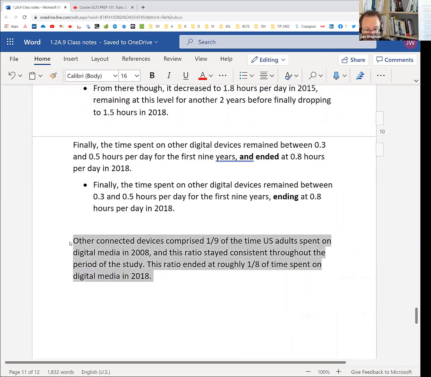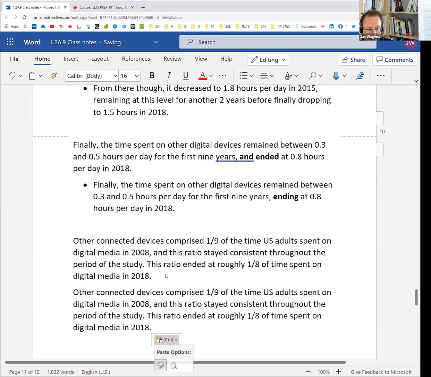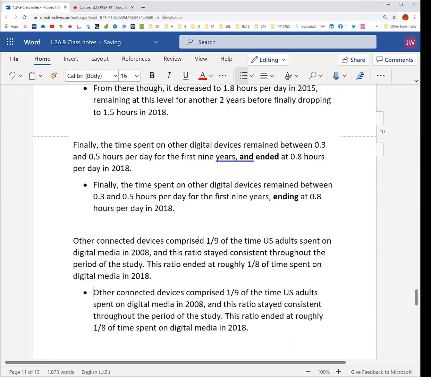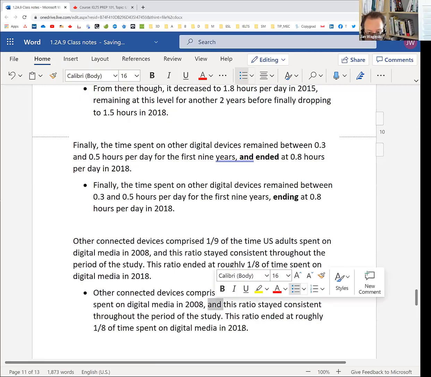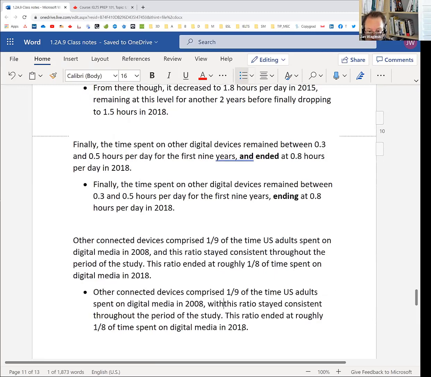So there's a couple of ways we could do it. You would change it to "with this ratio staying consistent."